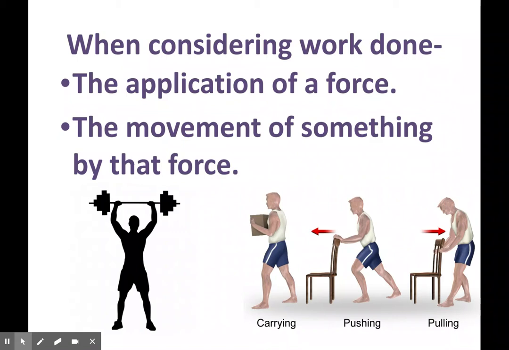So all of those things are going to come into play when we are looking at work. If the object moves one way, let's say maybe the object moves to the left, but the only force acting on it is the weight down, which would be weird, if the force and the way that the object moves are not in the same direction, then we wouldn't have any work done.